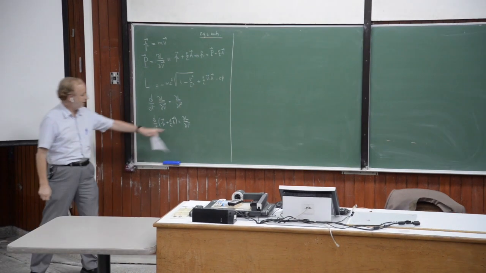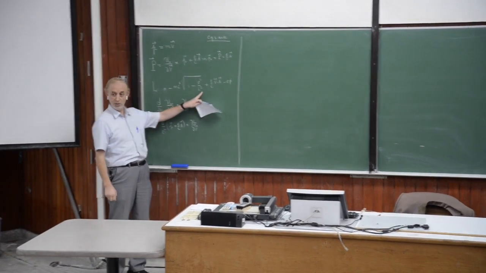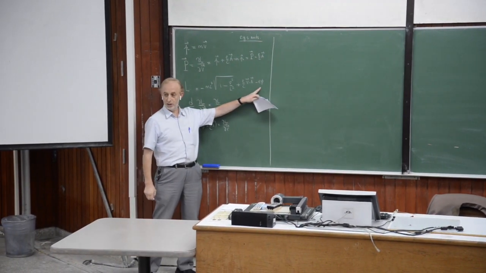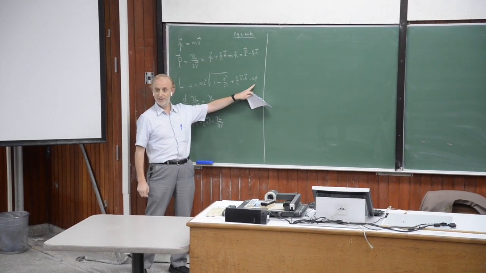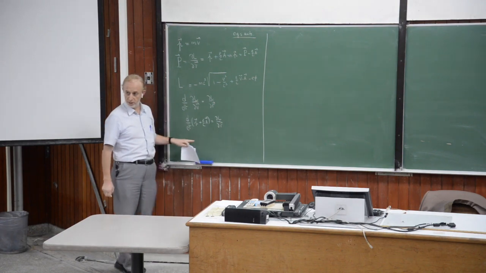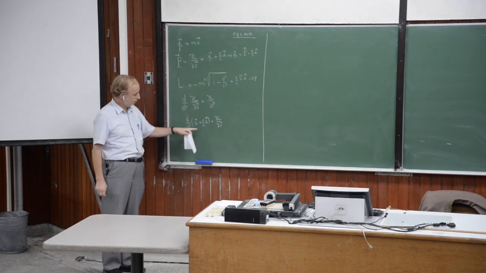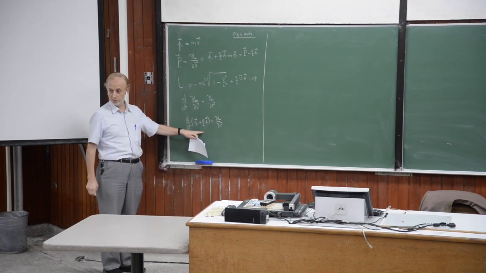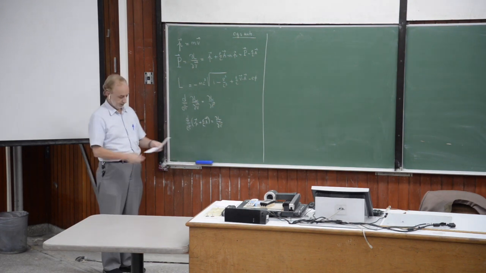Now, partial L over partial r: this doesn't contribute, this and this will contribute. Should I do that? Because this will give you the Lorentz force law. Well, let me do it.